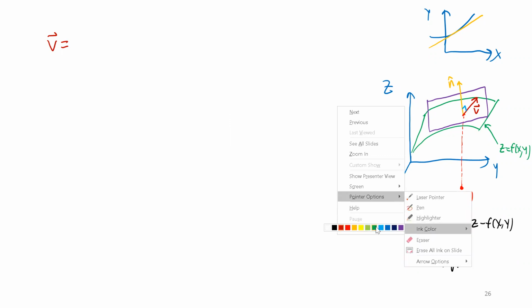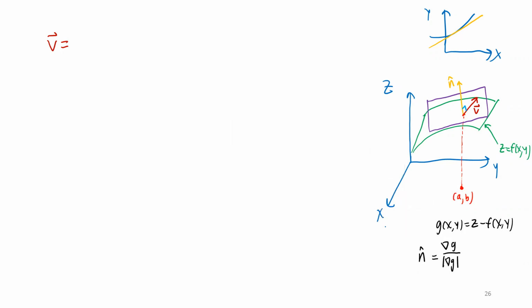Let's say the tip of the v vector, which is here, has coordinates that I will just call x, y, and z.